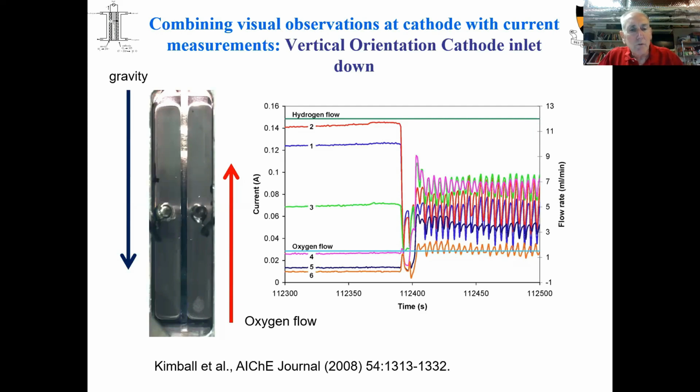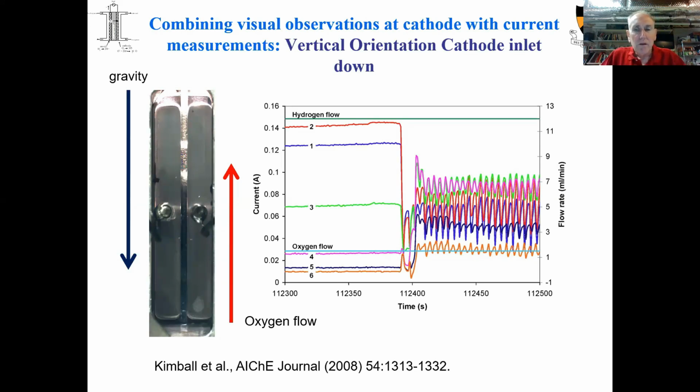What happens is water builds up and you get a slug forming. And after that slug forms, it gets pushed by the gas flow upward. And so you actually get very regular spatial temporal fluctuations in the current.